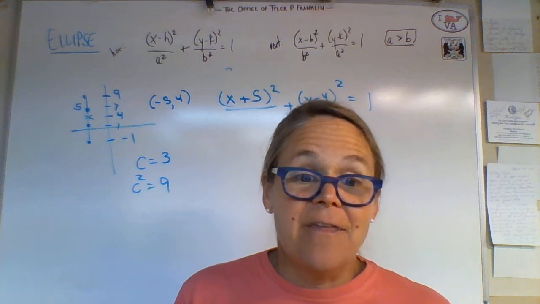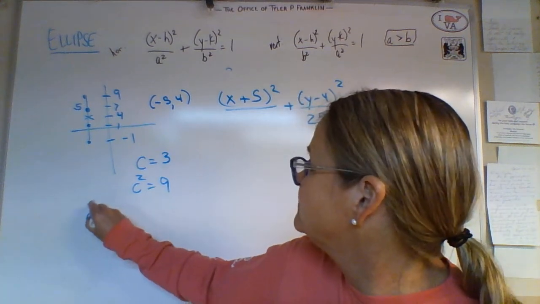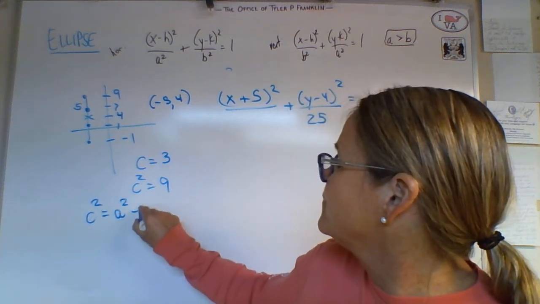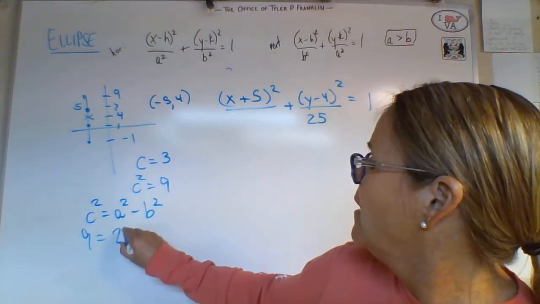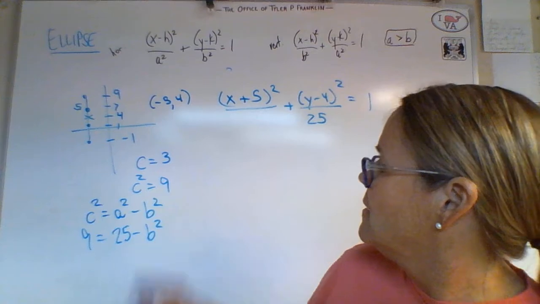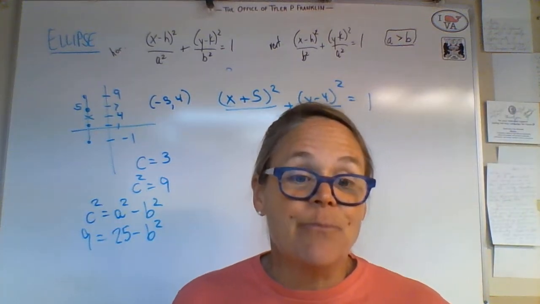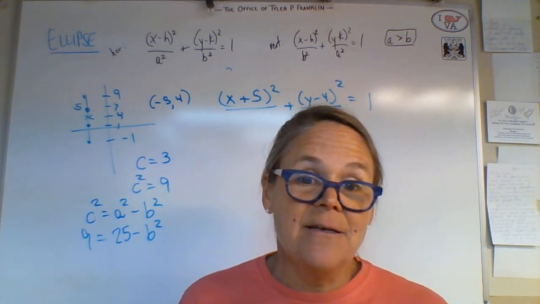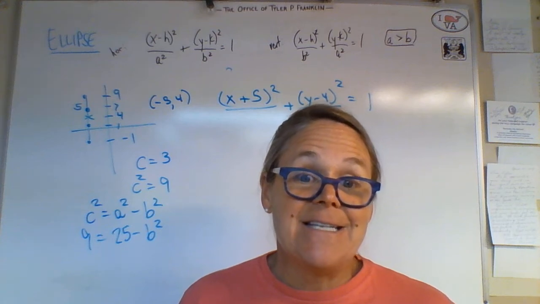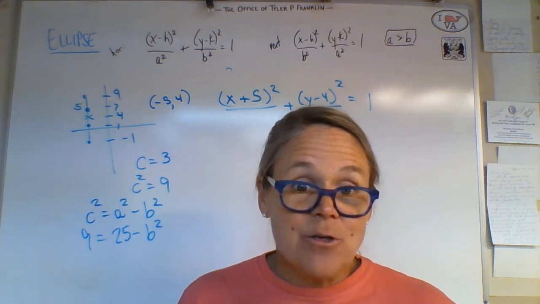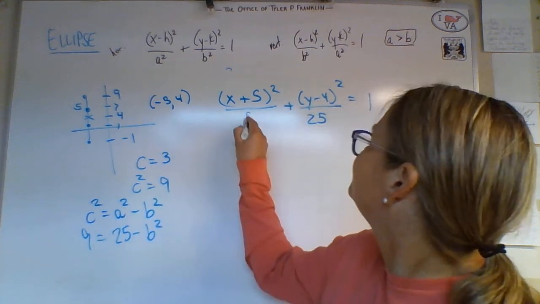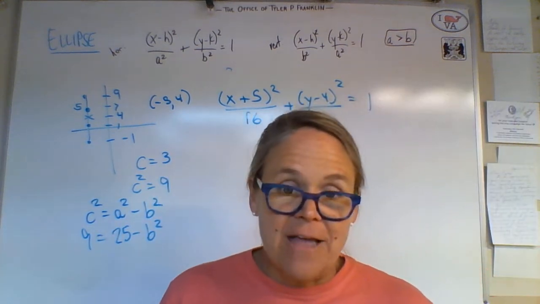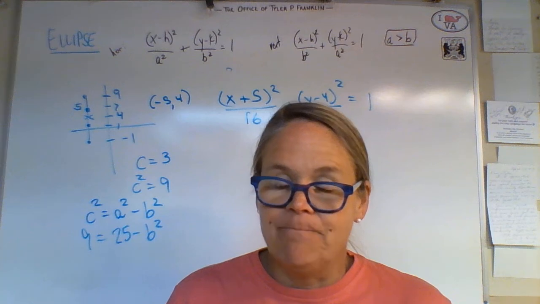So then you have to think of the formula. 25 minus b squared has to give you 9. b squared is going to be 16. You don't want to square root it. You want it squared. So that would be your equation for that one.